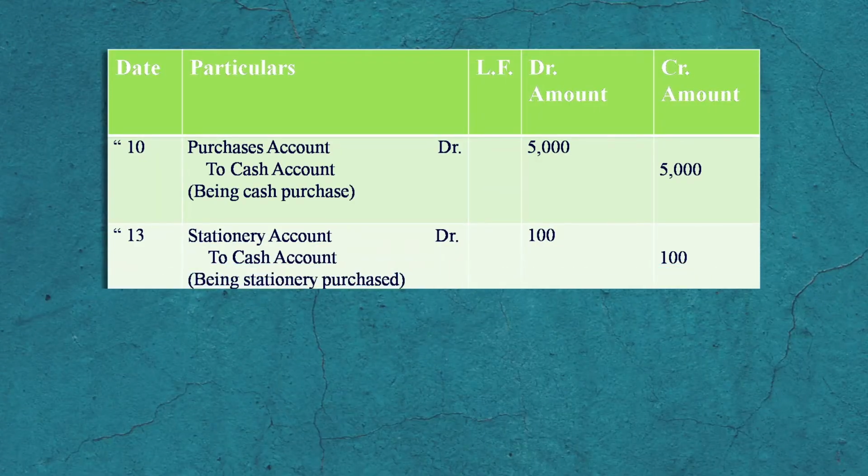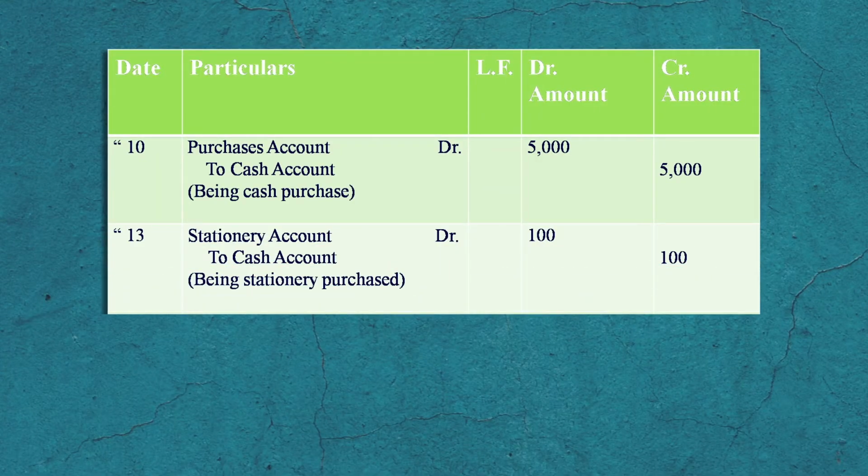First one is cash account and the second one is stationery account. Cash is an asset for the business, and here cash is going out. Therefore, as per the rule of the real account, credit what goes out. So cash will be credited.